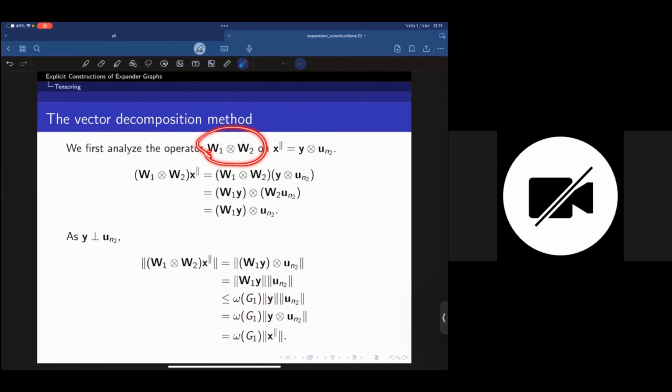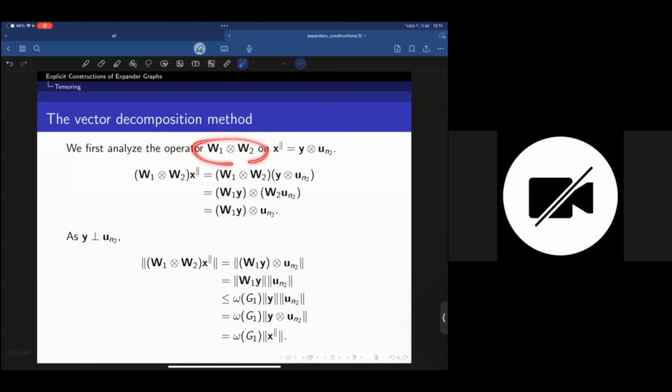But let's analyze it separately, and then Pythagoras will come in. Let's analyze what this does to x parallel and then to x perp. We want to figure out the norm of this thing applied to x, and if you have an orthogonal decomposition, we didn't actually say it's orthogonal, but it will be, then it's a good starting point.